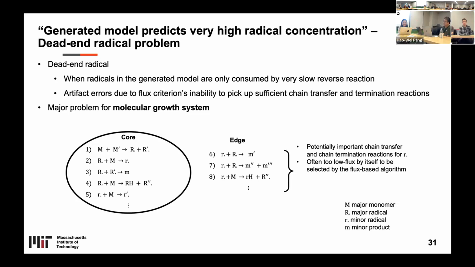These are artifact errors caused by the inherent assumption that the flux criteria make. The flux criteria assume low flux pathways are not important, so it has trouble picking up some important chain transfer and termination reactions.